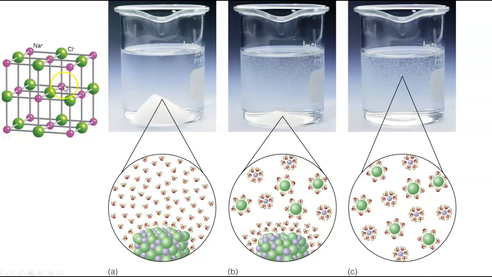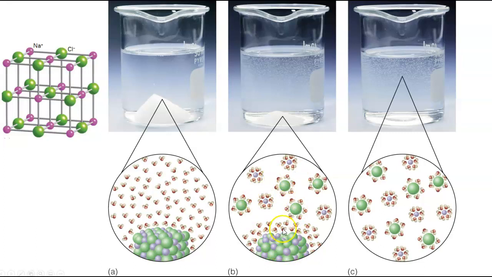In this crystal of salt, there are positive and negative ions, and the negative sides of the water molecules will surround and dislodge them. So the negative sides of water will be attracted to positively charged ions and kind of rip them away from this salt, and it will become smaller and smaller, and the whole thing dissolves.